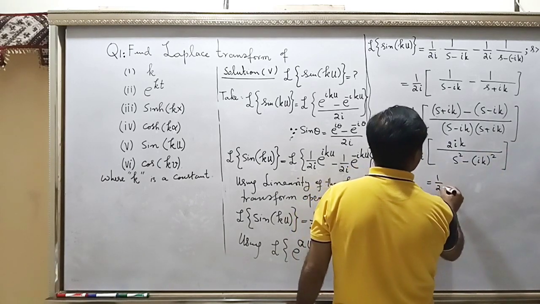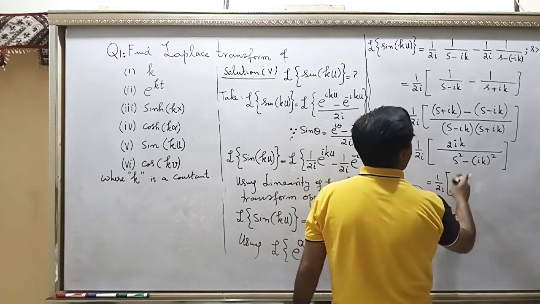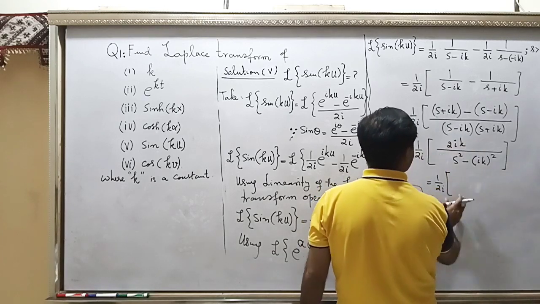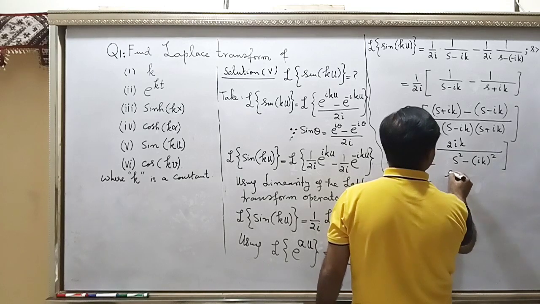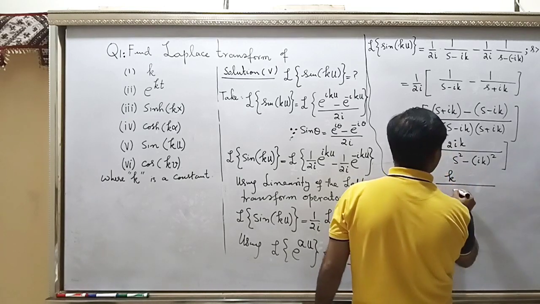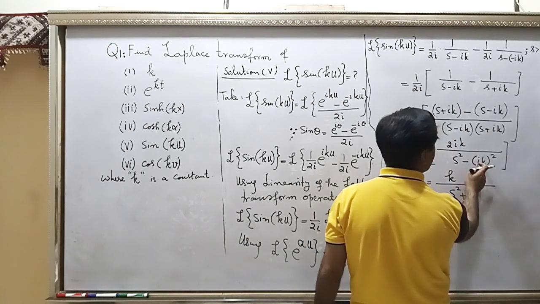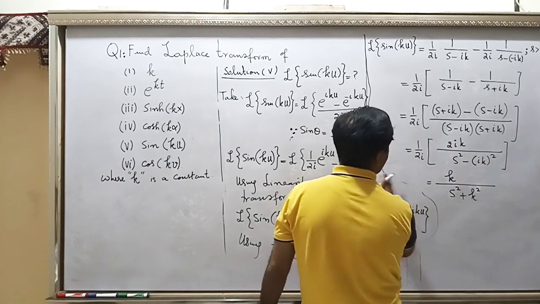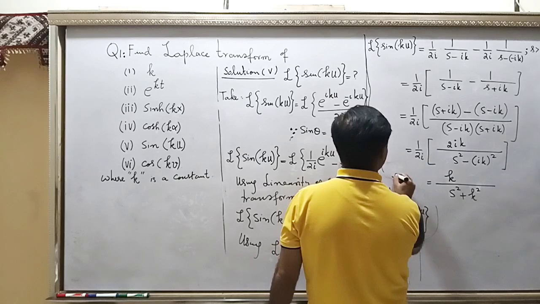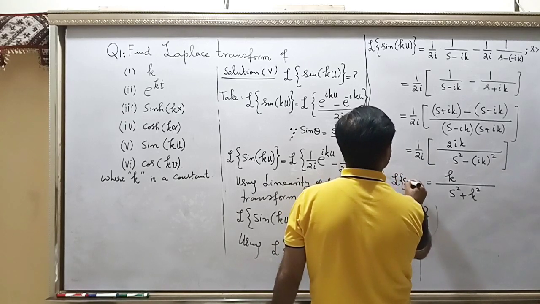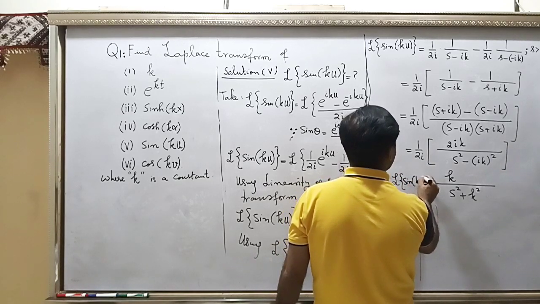And 1 over 2i, this 2i will cancel, and you will have k in the numerator, and in the denominator you have s square plus k square, because this i square will make minus and this minus plus. And on the left hand side you have Laplace transform of sine of kv.